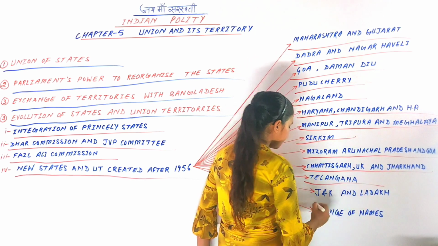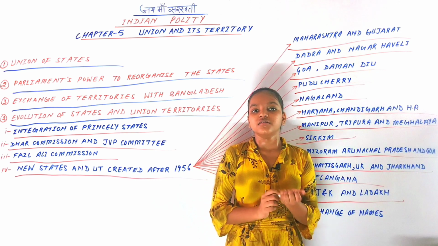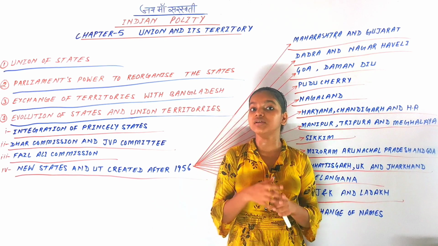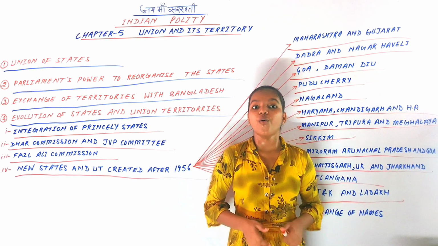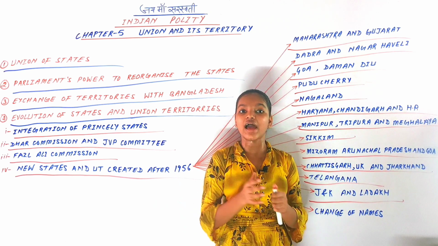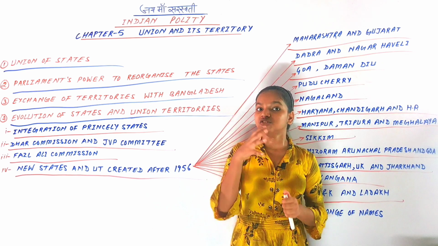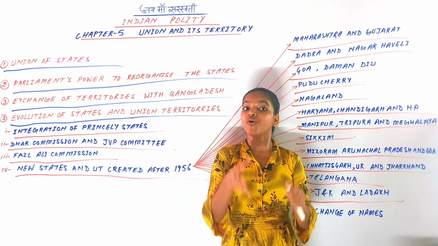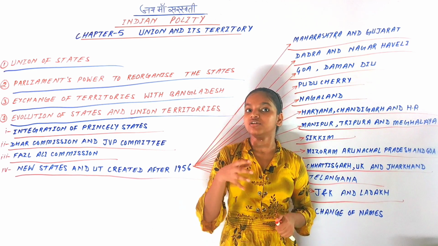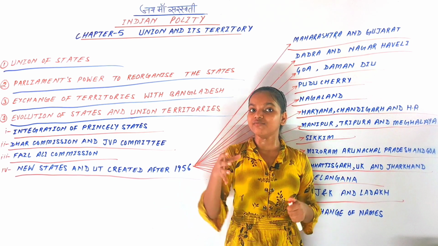So next is Jammu and Kashmir and Ladakh. Till 2019, Jammu and Kashmir had been enjoying its own freedom. It had its own constitution, and the Indian constitution did not have any effect on it. So the Constitution Act 2019 was introduced, and it cancelled the Constitution Act of 1954.